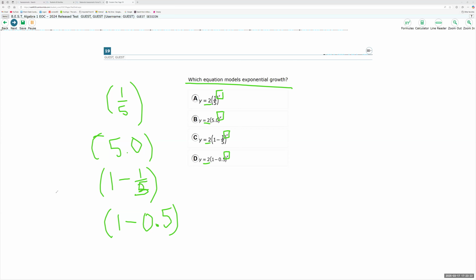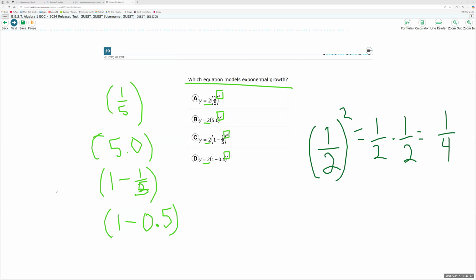For instance, if I had a half to the power of 2, that would mean 1/2 times 1/2, which gives me 1/4. So the fractions that are less than 1 become even smaller when raised to a power x. 5, however, to the second power becomes 25, to the third power, 125, and so on.